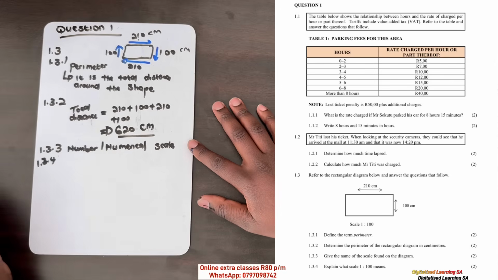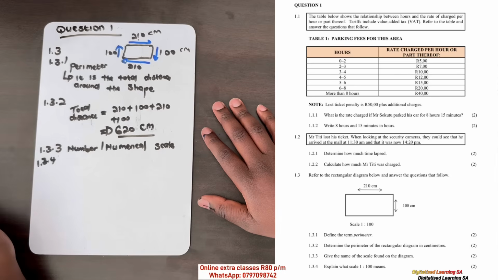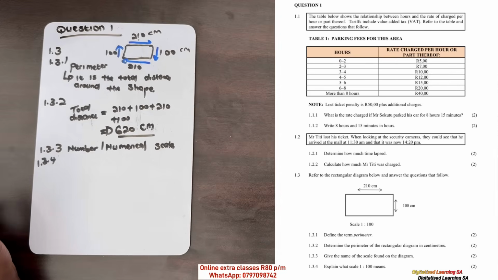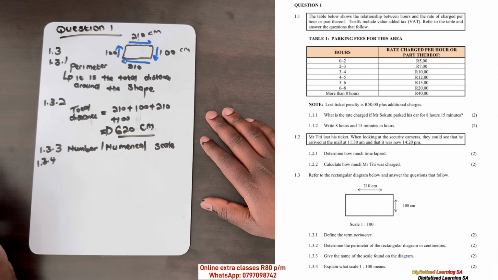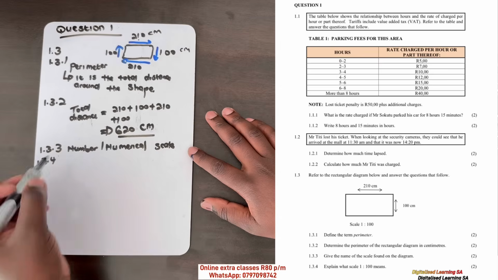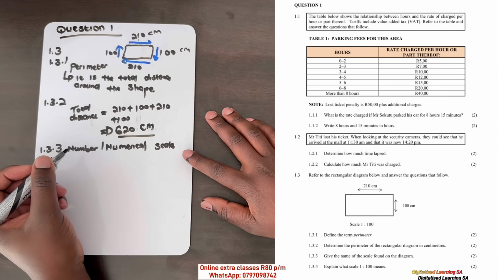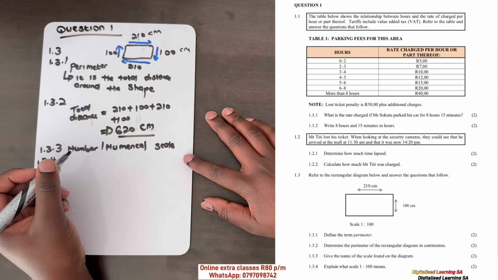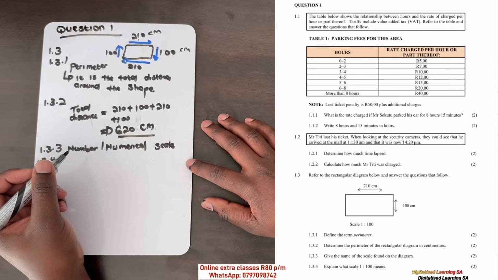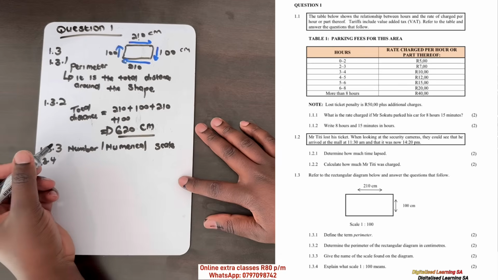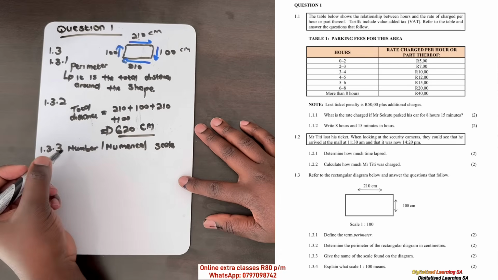Question 1.3.4, apologies about that. Question 1.3.4 says to explain what scale 1 is to 100 means. To explain this, we can easily say every 1 unit on the map represents 100 units in reality. So the 100 means in reality.